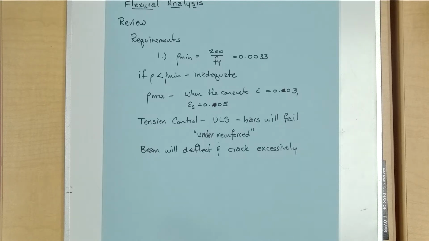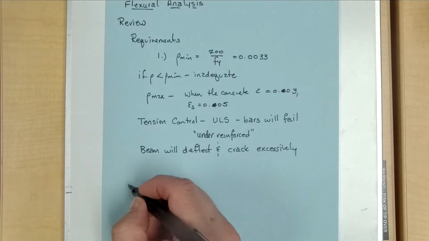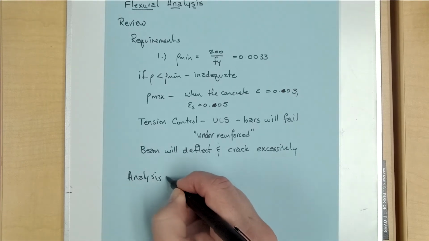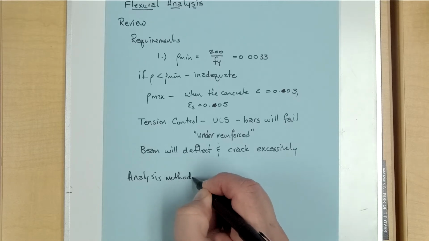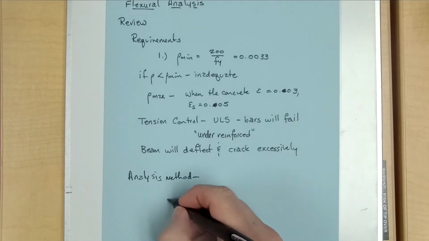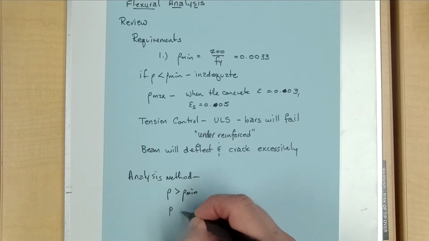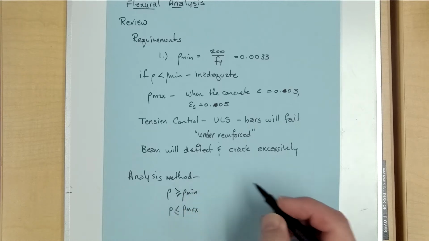So, our analysis method is that rho has to be greater than rho min, and rho must be less than rho max. Now, of course, it can be equal as well.